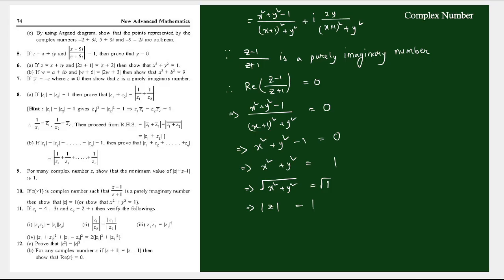Done. Modulus of z equal to 1. So you can write down, therefore modulus of z equal to 1, or x square plus y square equal to 1.